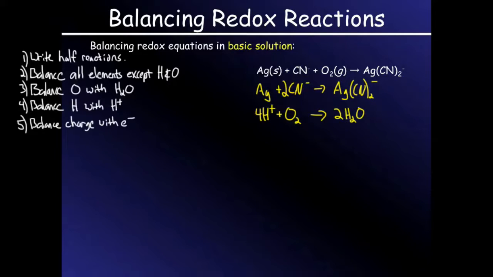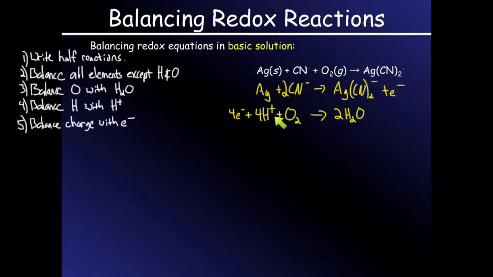Then we will balance the charge with electrons. So if we look at this first half reaction, we have 2 times, this whole thing is 1 minus, so we have 2 minus. And then we have one of these whole things, which is 1 minus. So 2 minus, 1 minus, to make them equal, we need to add an electron to the right-hand side.